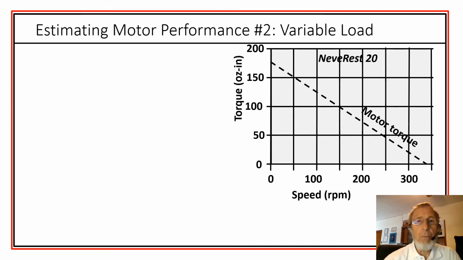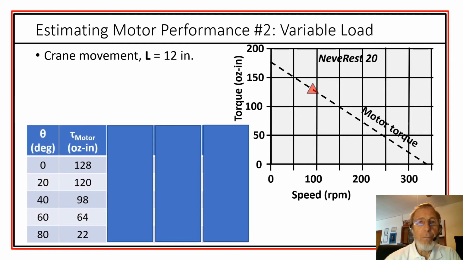We can look at the motor performance based upon the motor curve that we have and understanding some of the characteristics of the crane. As the crane angle changes, the operating point is going to correspond to the torque for each of those angles. And these triangular symbols indicate the operating point as the crane changes its angle.